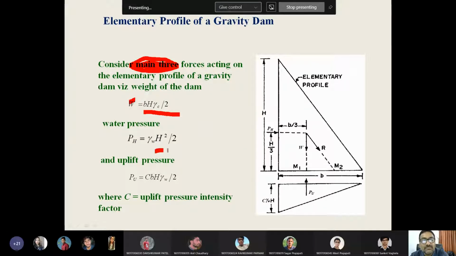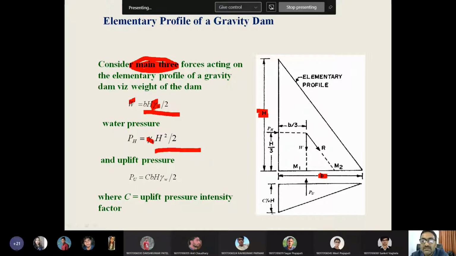This is the water pressure. We know the equation. B is the breadth of the dam we assumed, H is the height of the dam, gamma C is the unit weight of the concrete, and gamma W is the unit weight of water, so the water pressure is gamma W H squared by 2.